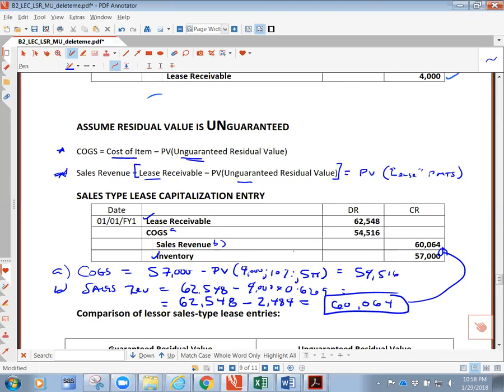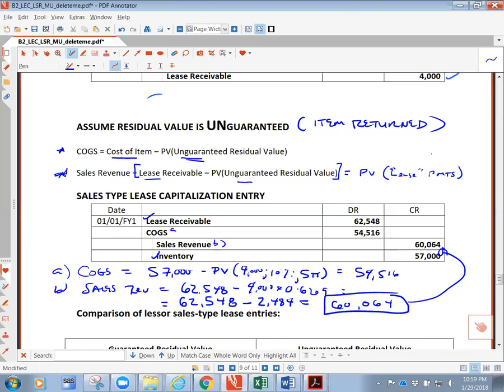All right, so this is like the big trick with sales type leases. Whenever the item is returned, and I gotta, this is item returned. We would only mention that it's unguaranteed if it's returned. When the item is unguaranteed, the FASB doesn't allow it to be counted for sales revenue. If they don't allow it to be counted for sales revenue, then you won't match the present value of the residual value to cost of goods sold either.